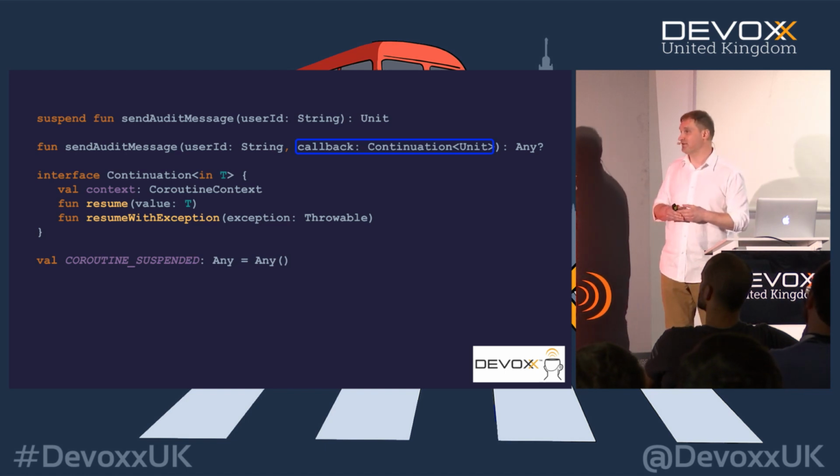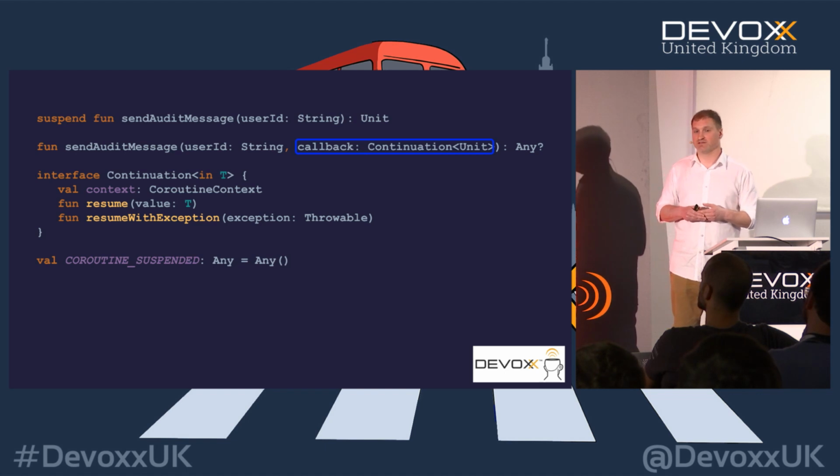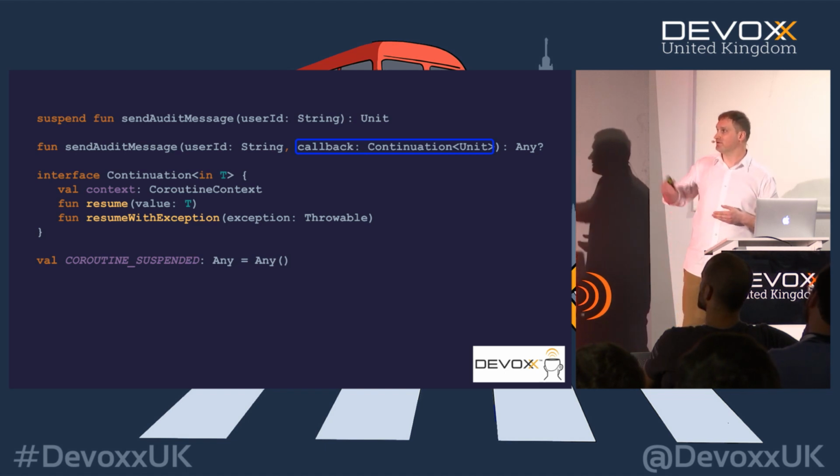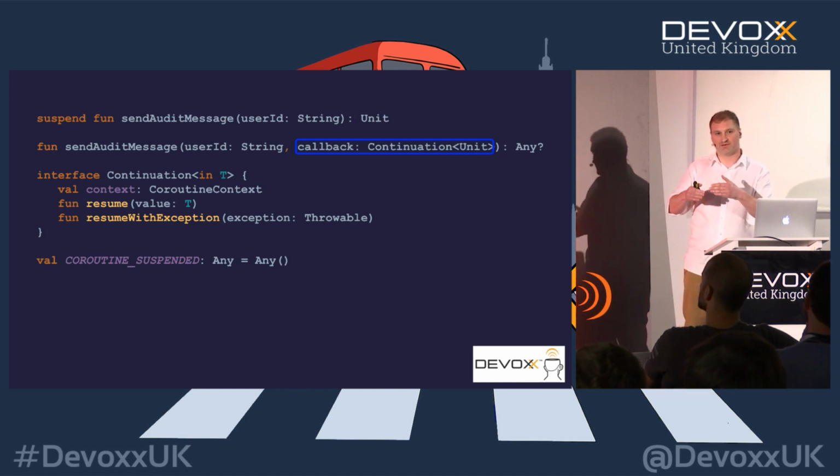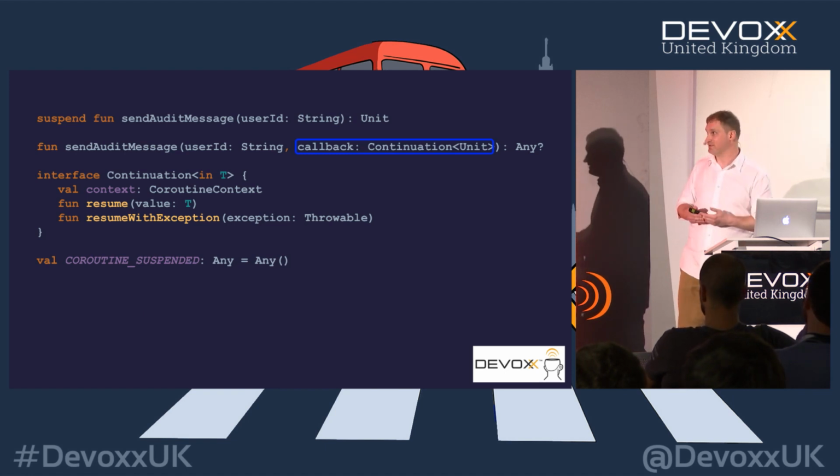First of all, it has an additional parameter, which is of type Continuation. I call it callback because essentially it's a callback. Previously, we saw the code with callbacks in the form of a function. Here, it's an interface, but essentially, it's the same thing.